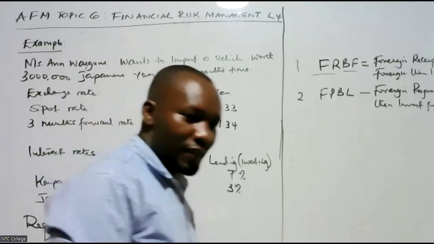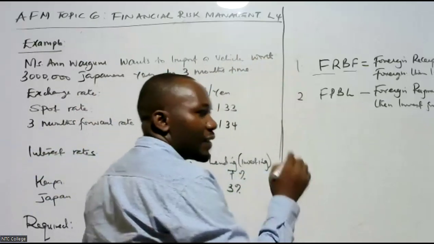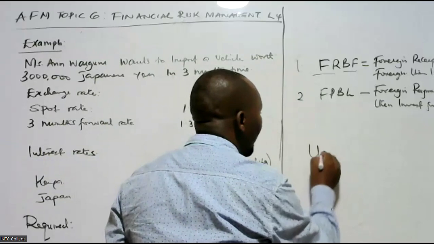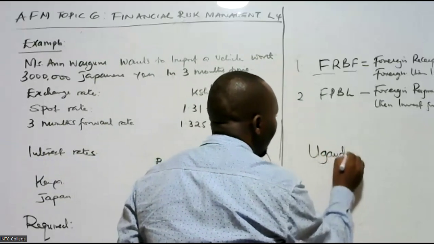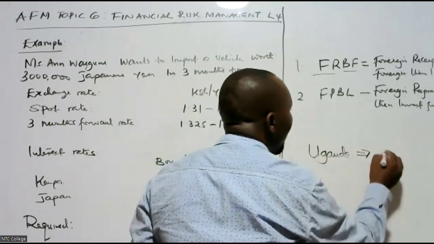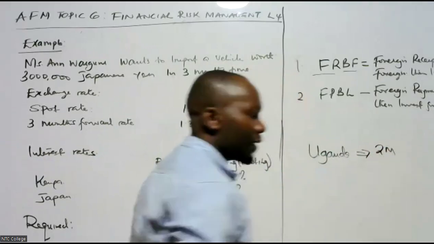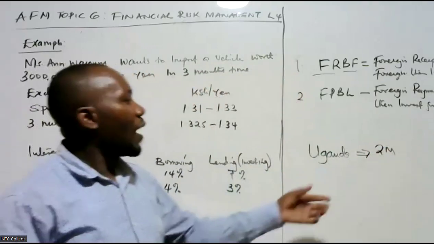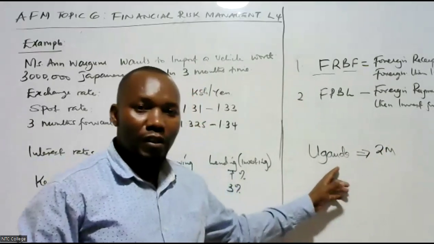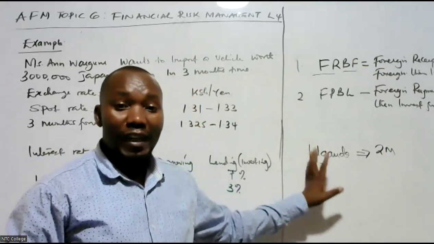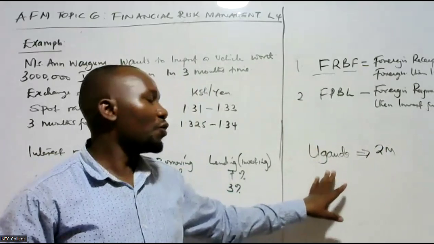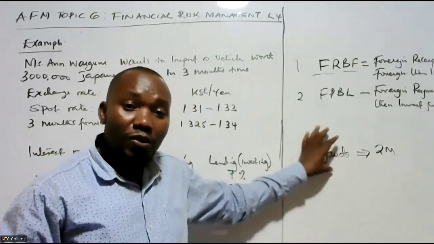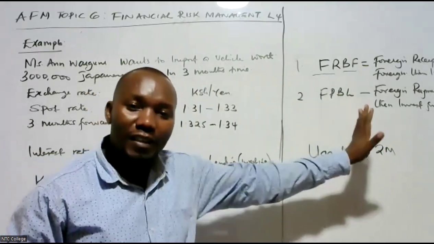So why are we doing this? Let's say that we have here Uganda. You are supposed to receive some money, like 2 million, from Uganda. If you happen to convert this 2 million, it is going to incur some cost. Because what you're trying to hedge against is the future exchange rate.